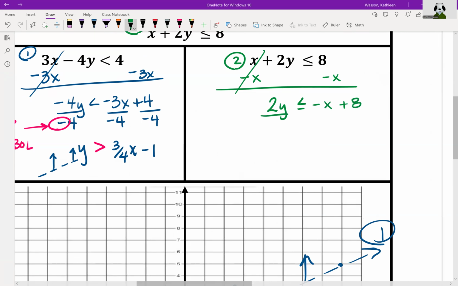I'll divide by 2. Since I divide by +2, I keep the same symbol.